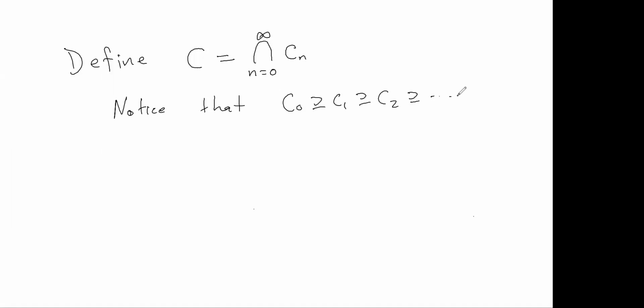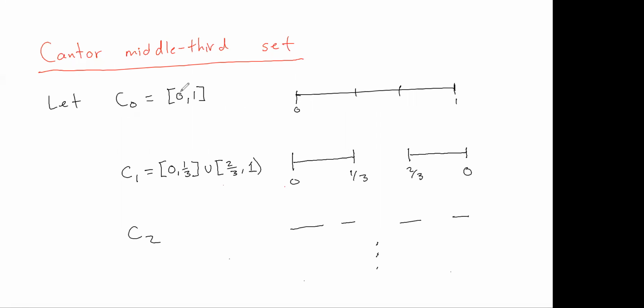Have you guys seen this set before in any class, or maybe not in a class? First time, some people have seen it, okay? Sometimes in a real analysis class, you might see it as an example. It's non-empty; if you think about it, the endpoints of this interval will never be removed because we're only removing the middle.